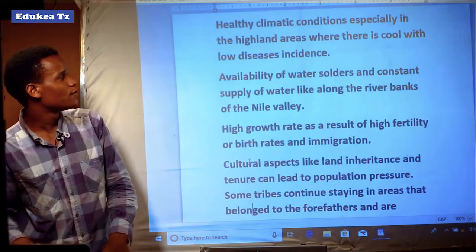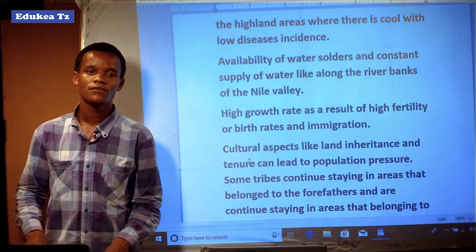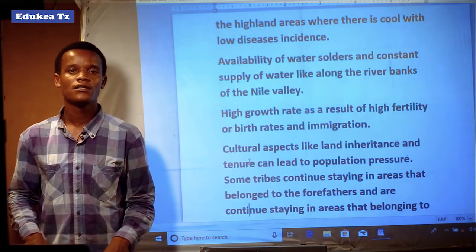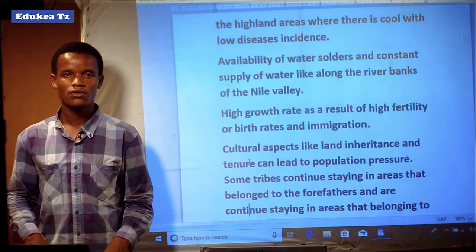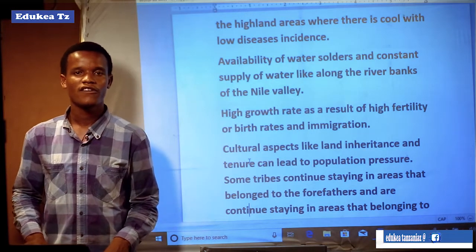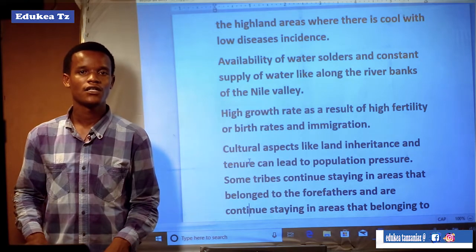Another is availability of water. Water, as you know, is among the key things in our society. Our life depends on water, so water is very essential. Areas with availability of water tend to have a high population compared to areas that have a shortage of water.